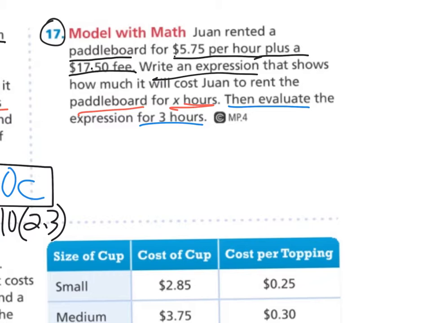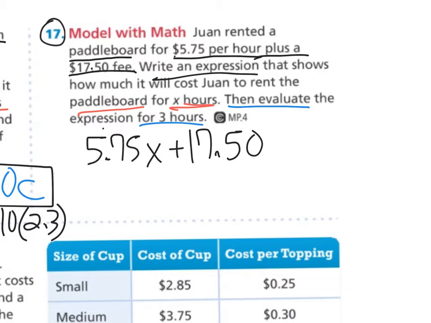So for our expression, it's $5.75 times X hours, okay? Cost per hour times however many hours, and then plus $17.50. $17.50 is just a one-time deal, regardless how many hours we rent it for. So that's our expression first of all, and then we're going to evaluate that for 3 hours.